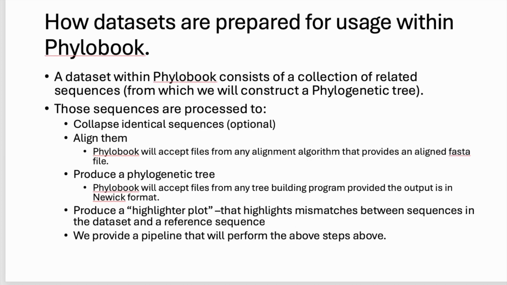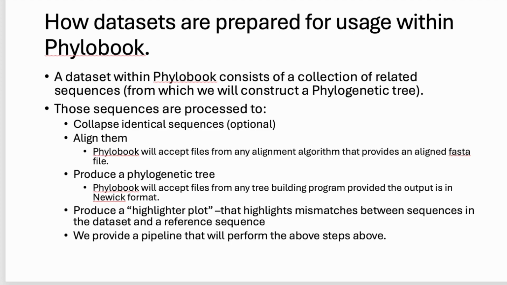So a data set within PhyloBook is a collection of related sequences. In our example, it might be a set of sequences of HIV that were obtained from a single subject. Those sequences are processed to often collapse the identical sequences.